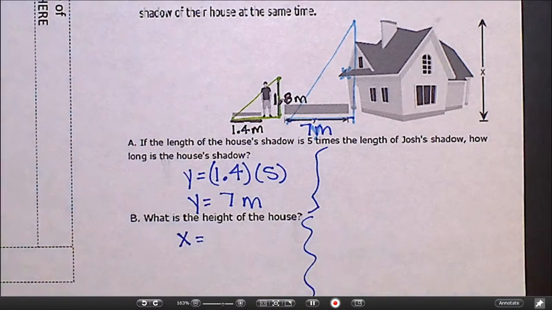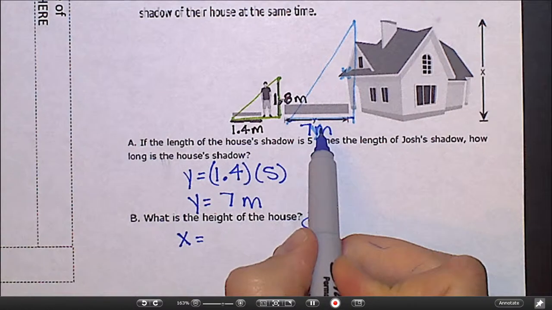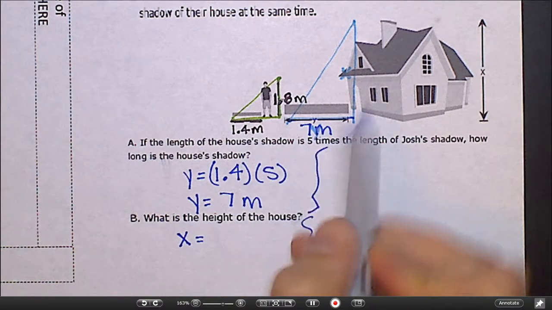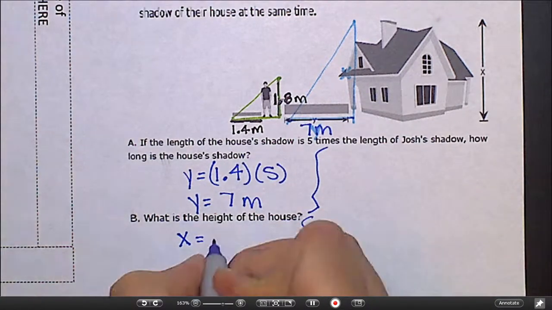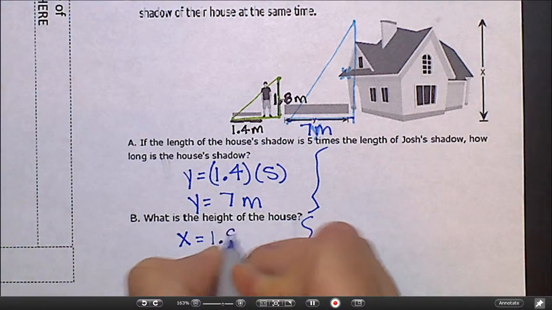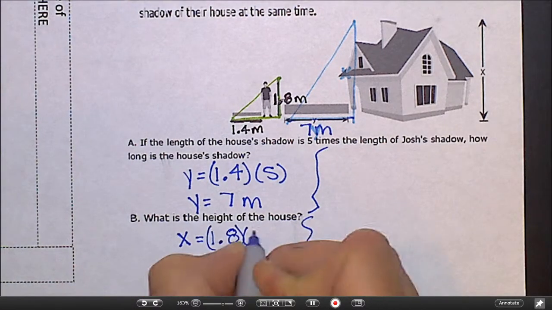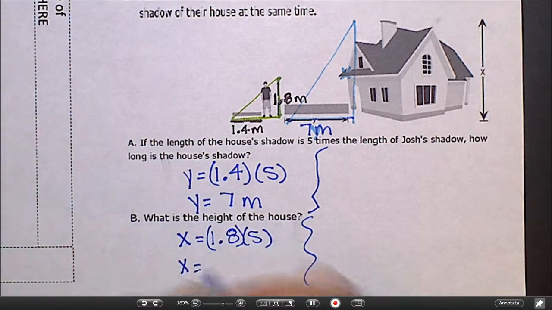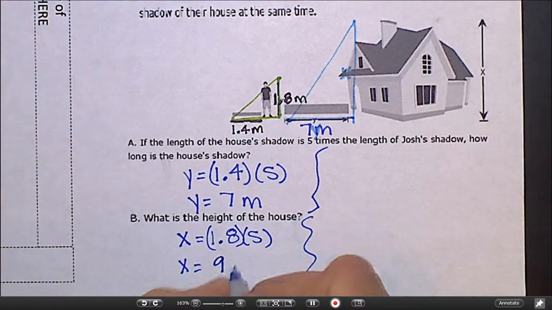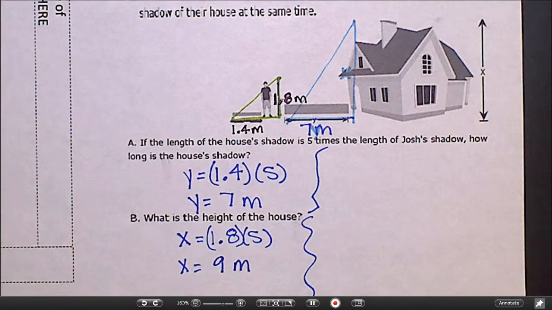That means I have to be doing the same thing to everything. The scale factor here would be 5, so I'd multiply the shadow times 5 and the height times 5. So x equals 1.8 times 5. If I put that in my calculator, 1.8 times 5, I get 9 meters for the house's height, sorry.